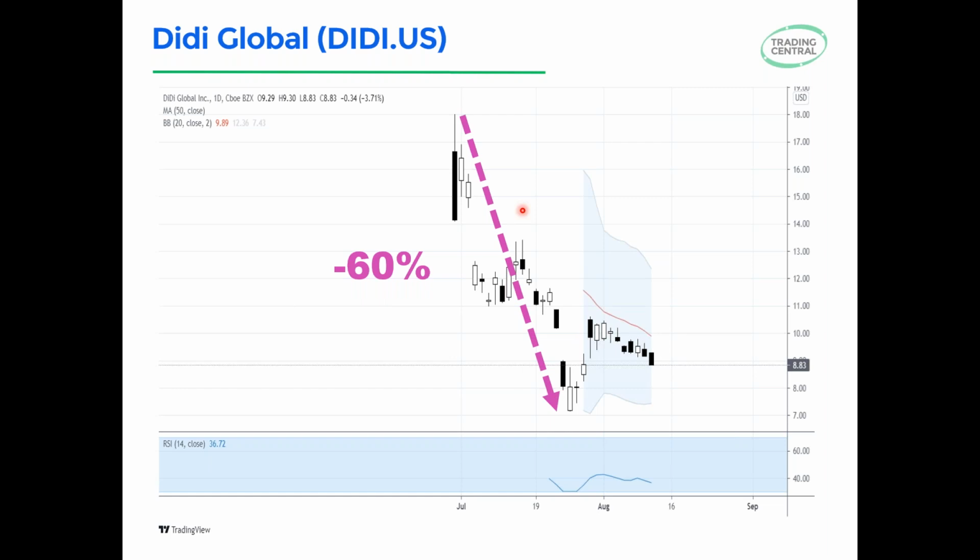I haven't got any accurate numbers. I think some U.S. funds, U.S. investors also bought the IPO of DiDi Global in the U.S. Heavy loss. Okay. And then what next?